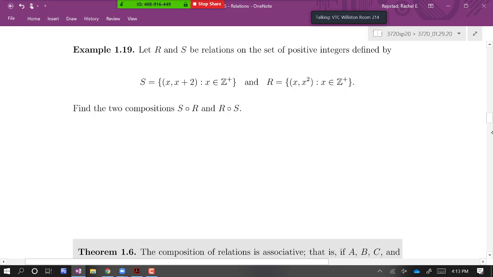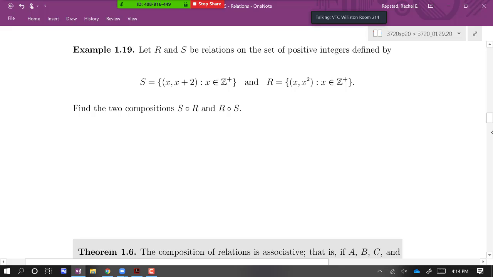R is the relation that takes some positive integer and squares it. So 7 is related to 49, and 16 is related to 256. Okay, good.